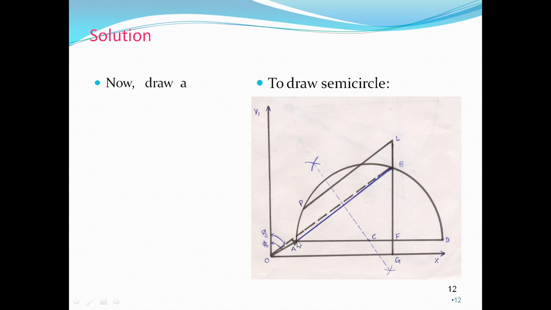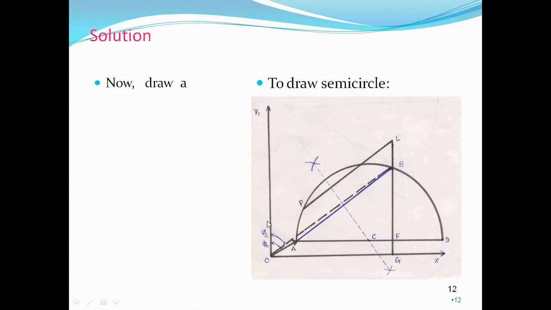So what we have done? We have done AB. First, what we have to do? We draw OA at an angle of phi naught. Listen here carefully, once again I am repeating this. How to draw a circle diagram?